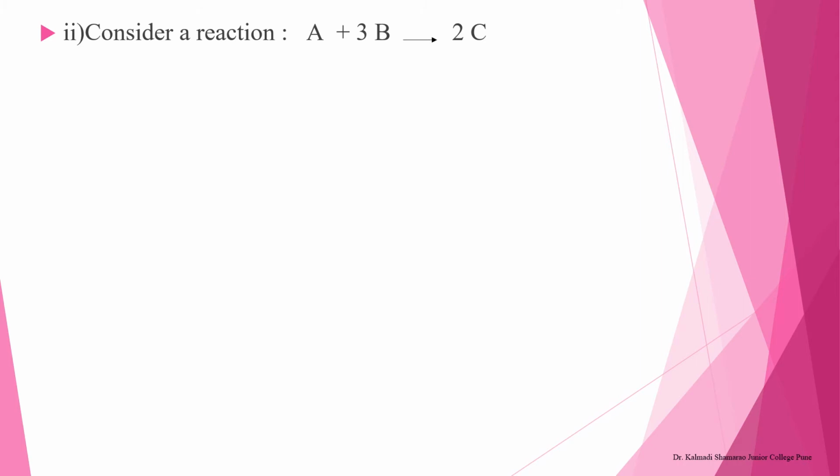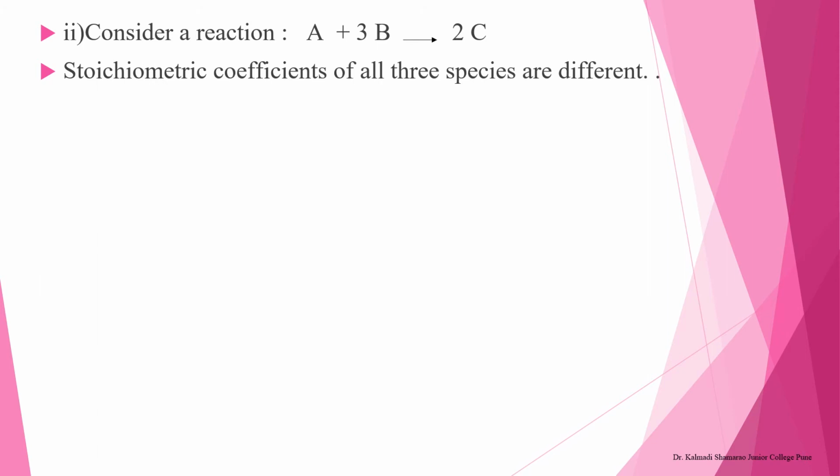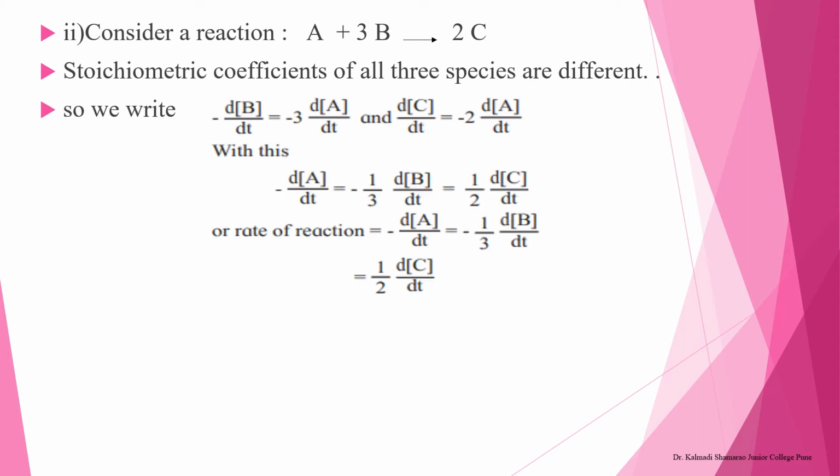Consider another reaction where A reacts with 3B to give 2C. Stoichiometric coefficients of all the three species are different. So we write, and the rate of reaction is given as minus dA by dt equals to minus of 1 by 3 dB by dt, which is equal to half dC by dt.